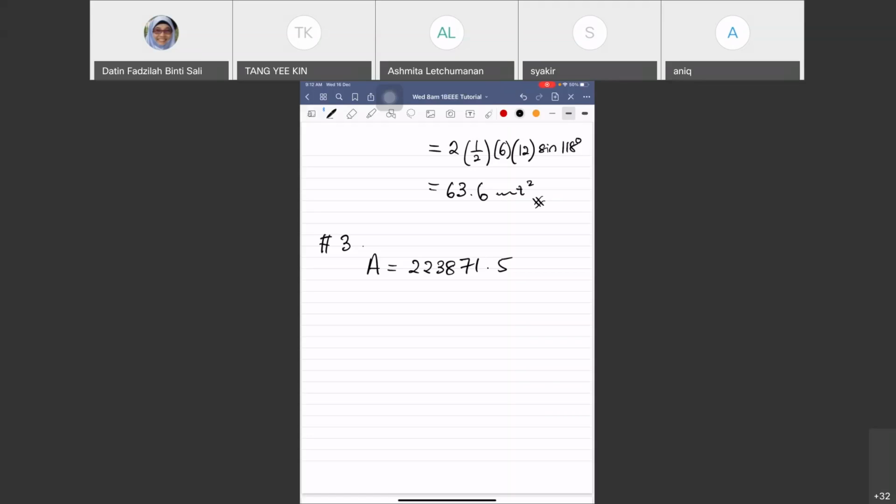Exercise chapter 3, page 126. Okay, page 126. So this is the chapter exercise at the end of the chapter. Okay, I assign question 5 onwards.